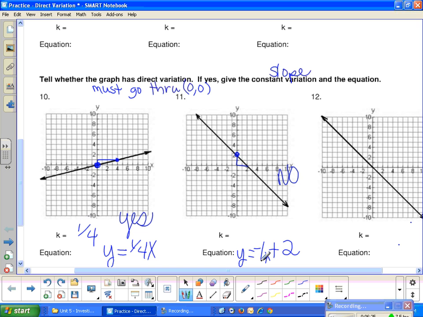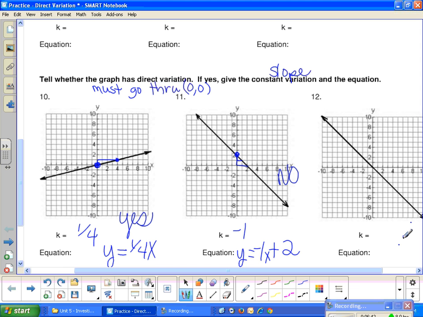What's 2 divided by 2? 1. So we're going down 1 over 1 each time. That's your constant of variation. But it starts at 2. Maybe you're buying coffee every day and you have $2 and you spend $1 each day. How many days can you buy it? 2, because you're spending it each time.